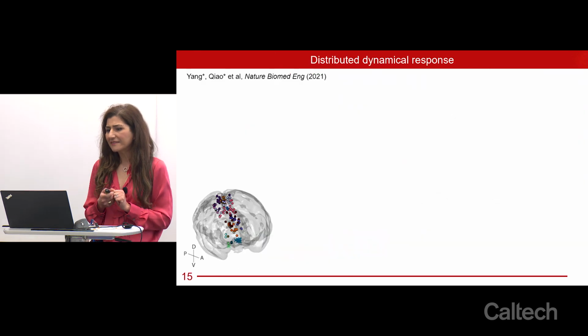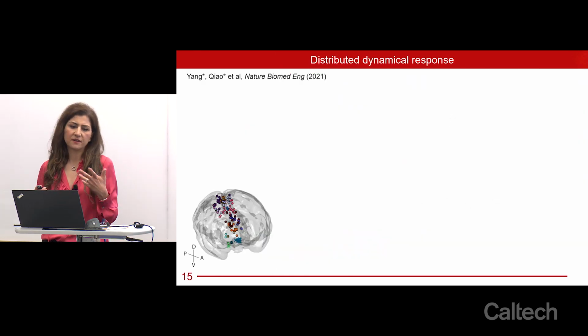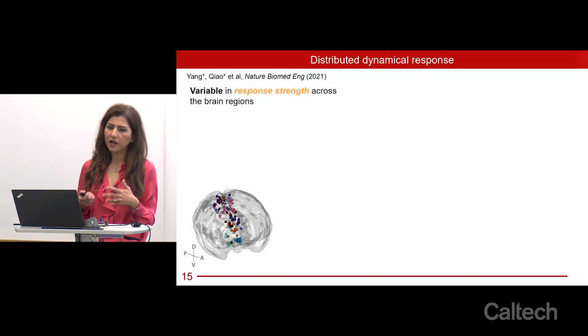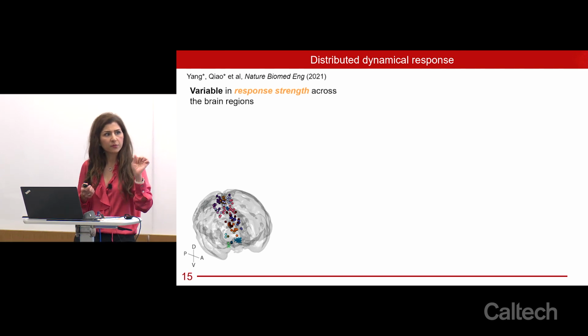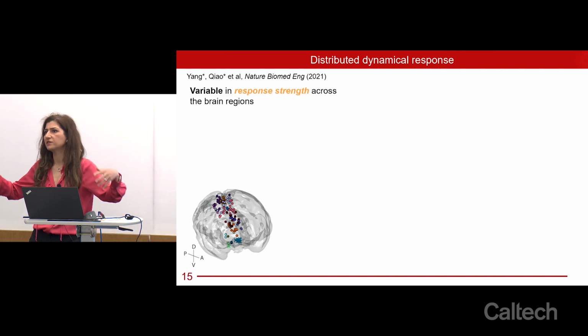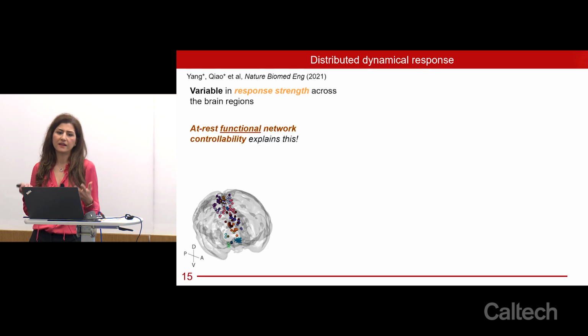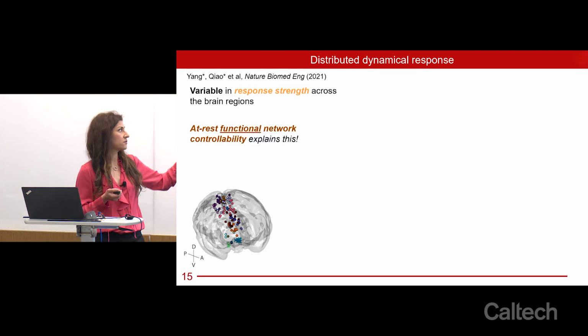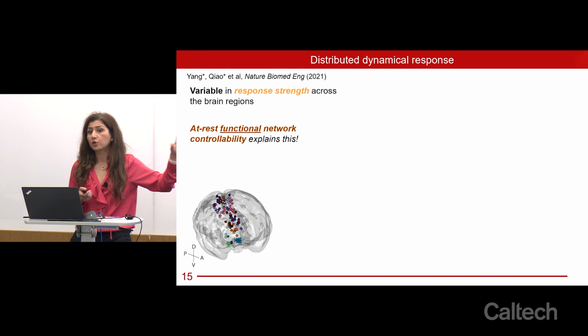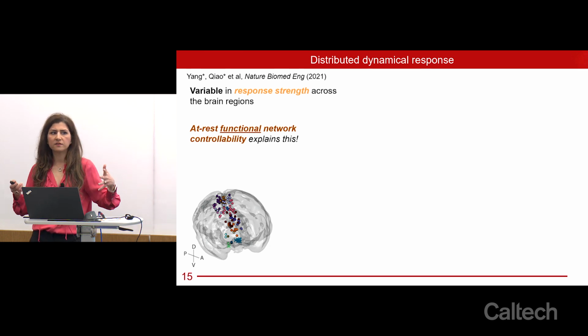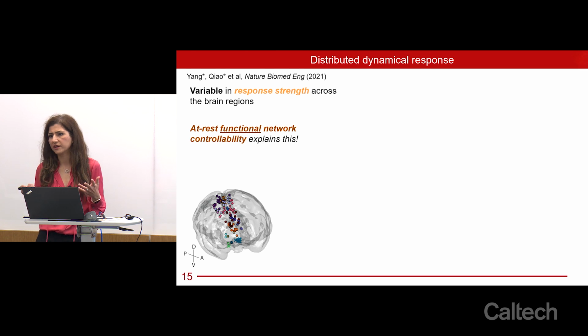So we also observed an interesting effect that while we were stimulating in one brain region, the response was actually distributed across a network of regions, but the strength of the response was variable. So the question was why, and we hypothesized this has something to do with at-rest functional network connectivity.